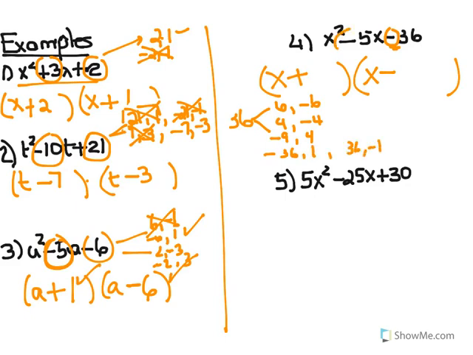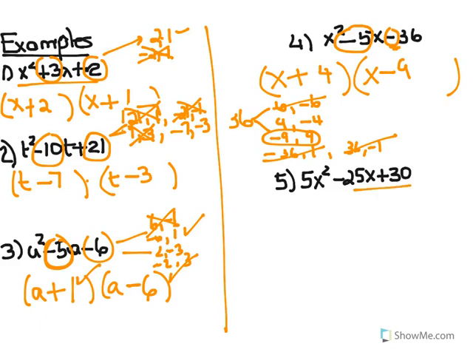Okay, I have to pick two numbers that give me negative 5. Right away, I can throw those out, right? I can throw those out because they don't add up to negative 5. But if I add these two, I can see that they add up to negative 5. So that is the decomposition.